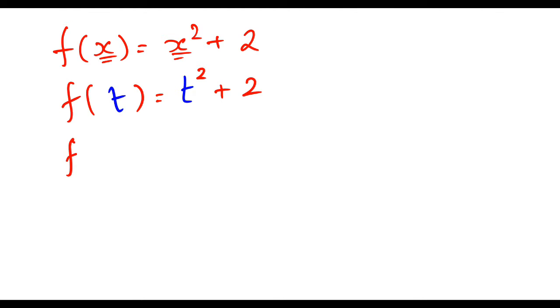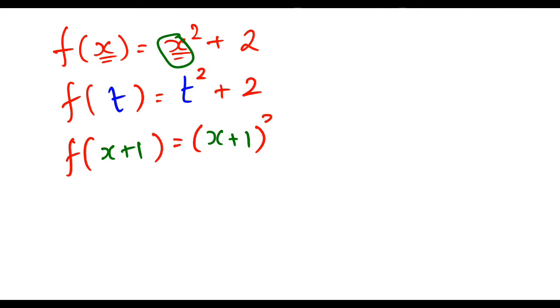I can say, for example, f of x plus 1. What should I do for that? I should put x plus 1 in the place where x was, then square this and add it with 2. Whatever I have here should be substituted in the place of x.